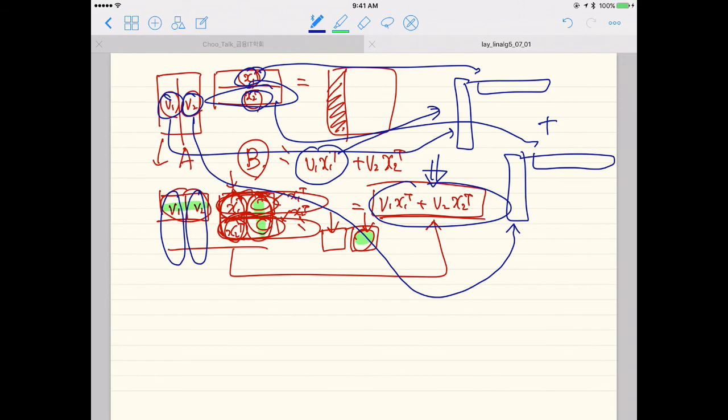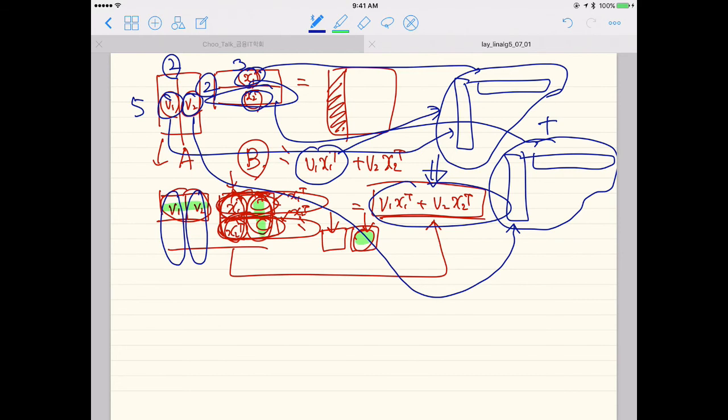Suppose we have 5 by 2 and 2 by 3. These inner numbers should be the same. So we have the summation of two products, and each product is a 5-dimensional column vector times a 3-dimensional row vector.